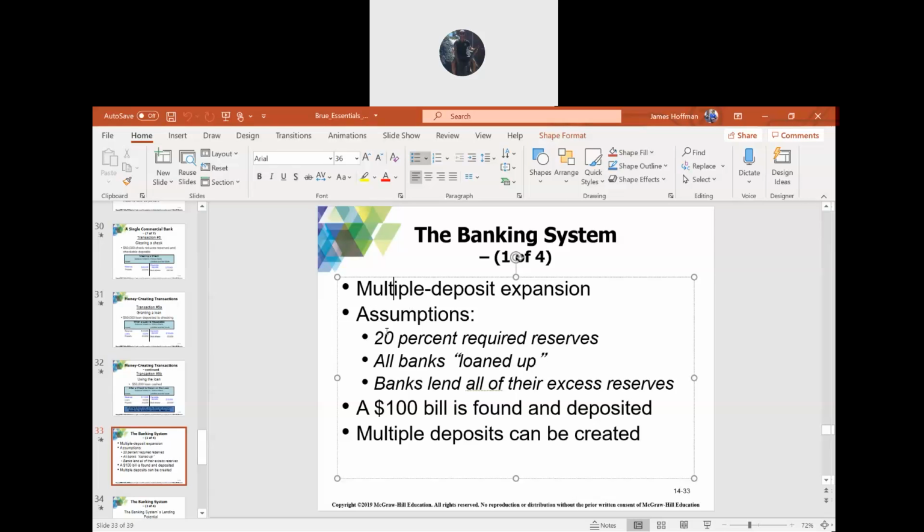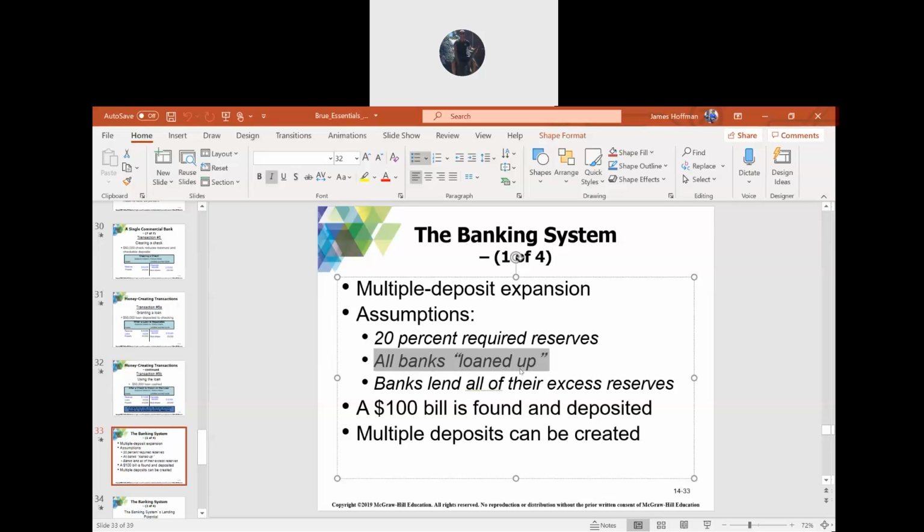All right, and so let's assume for this little example that we have a 20% required reserve, so you can lend out the other 80%. Then all banks are loaned up, meaning that all the loans they can make, they've done, because they make their money by making loans.